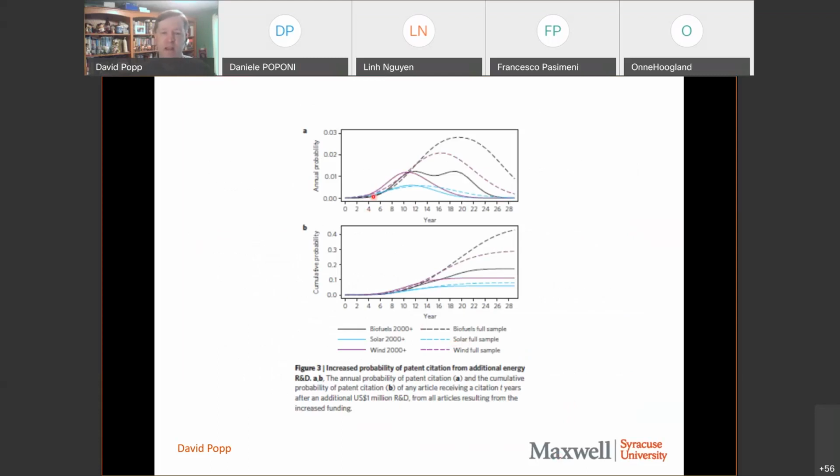This is the annual increased probability of a citation to the non-patent literature on a patent after $1 million of R&D funding. And this is the cumulative probability. You'll see that it might be 5, 6, 7 years before we first start to see the probability going up, and it levels off somewhere about 10 to 14 years after that funding. So it can take a long time until the impacts of those public R&D investments are realized.